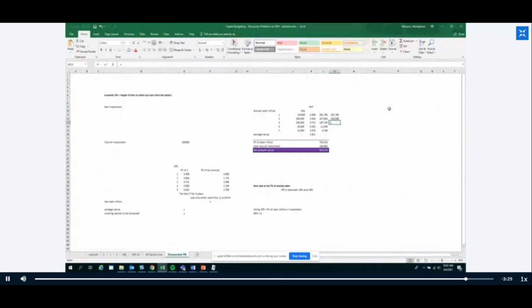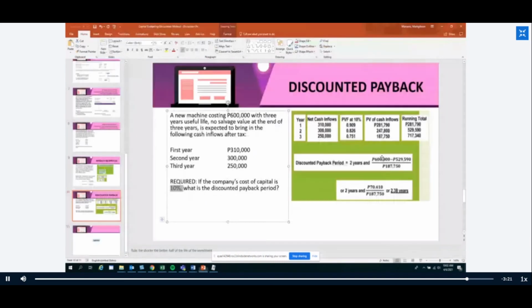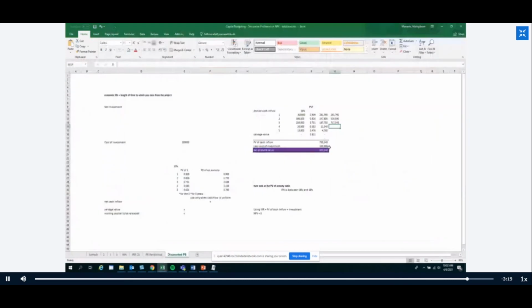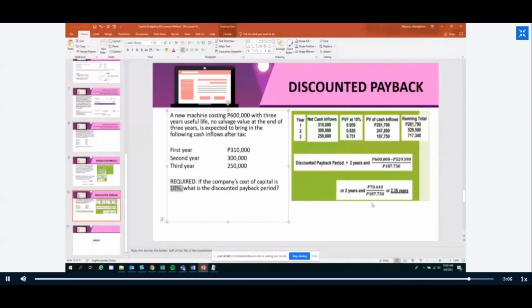717,340. Pero magkano ba yung cost of investment mo? Hindi 100,000, it's 600,000. Kasi iba na to. So therefore, 600,000 less 529,590 over 187,750.